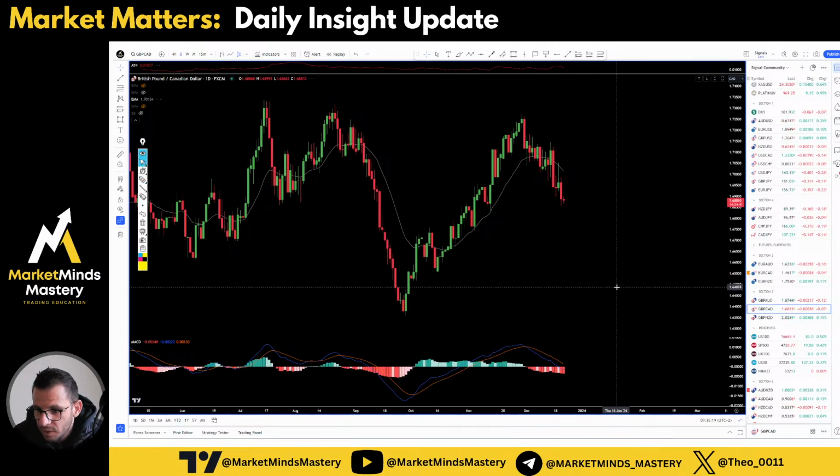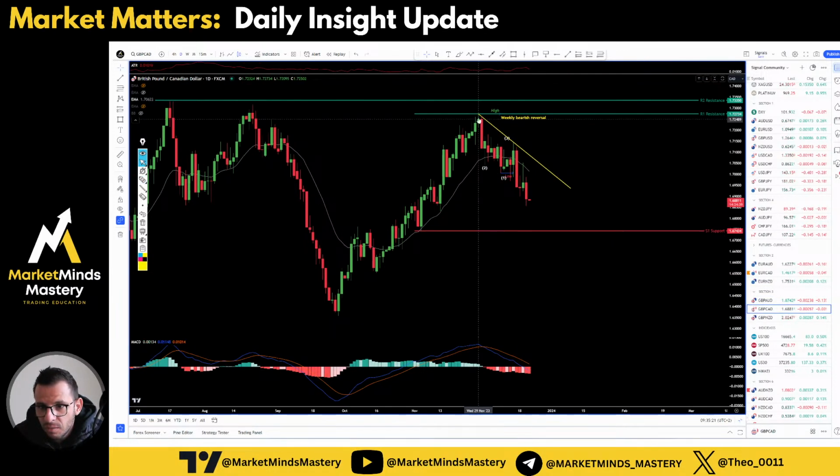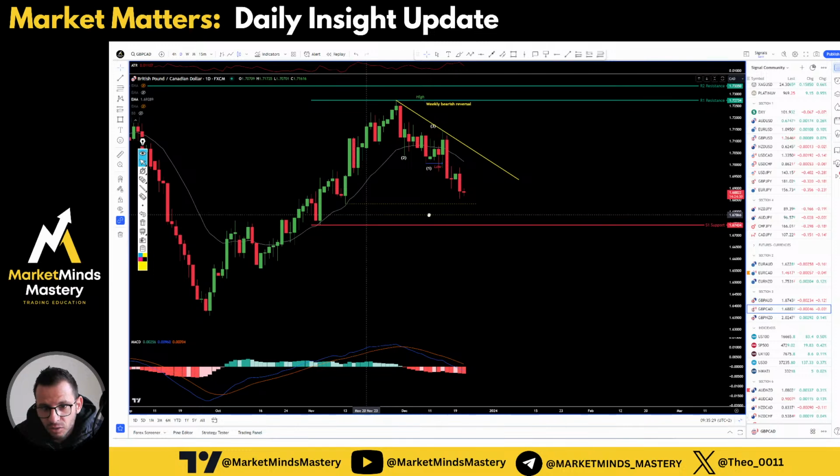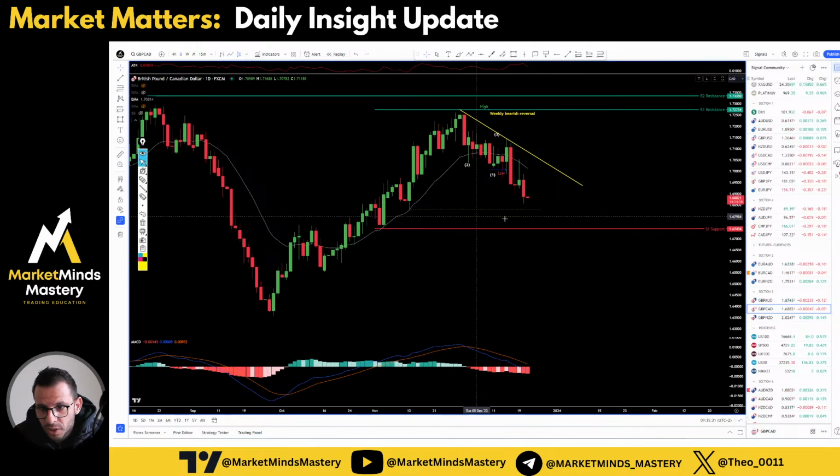Also, I will be focusing on the Pound/Canadian dollar because now price makes lower highs and lower lows, a very well defined structure. That's a daily support I drew below this bullish engulfing. But again, the strong support is down there because I did my analysis on the weekend and here I found the strong support.